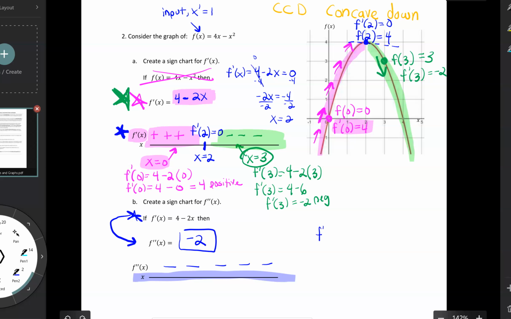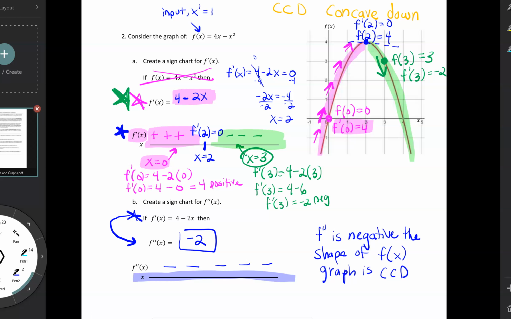So I'm going to put on here, if f double prime is negative, the shape of the graph is concave down, of the f of x graph. That's going to be concave down.